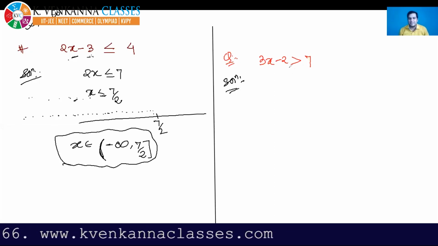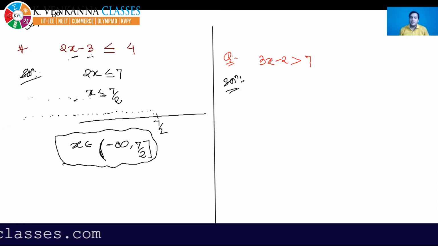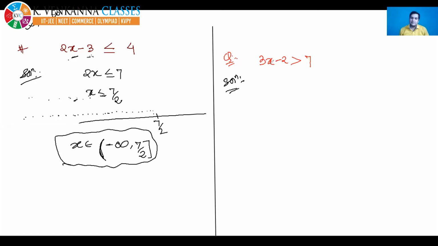See, the answer is, listen. I need to get the value of x, so except x, I will remove all the things. I carry this 2 to the right side and get 3x greater than 9. So x greater than, remove this 3, it goes to the right side in the denominator. 9 divided by 3 becomes 3. So x greater than 3. The upper limit is not given here, as you can understand from the number line.